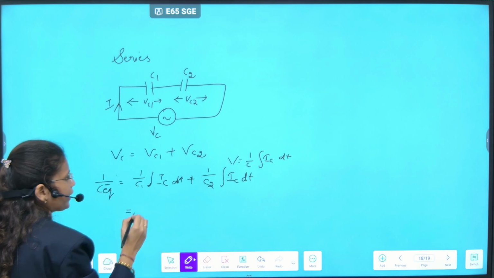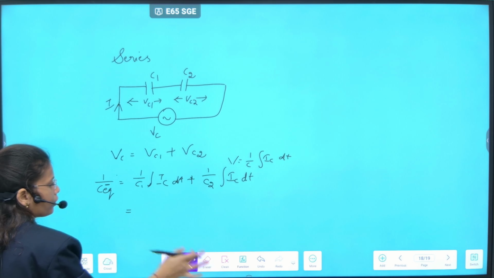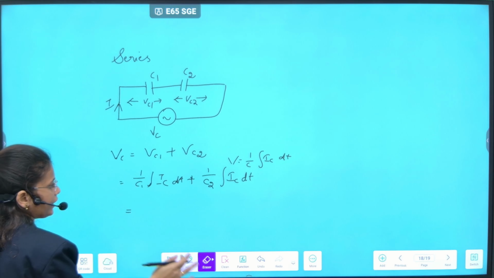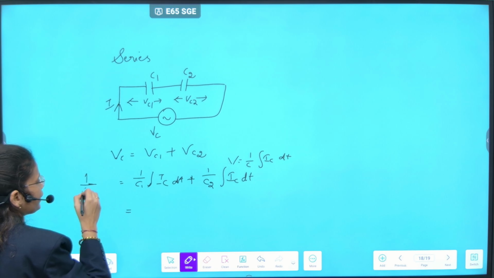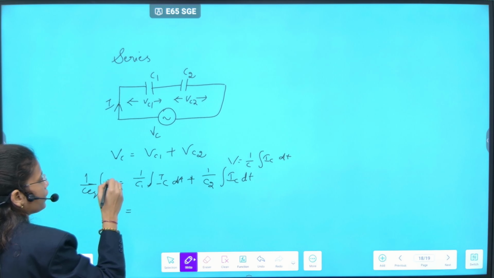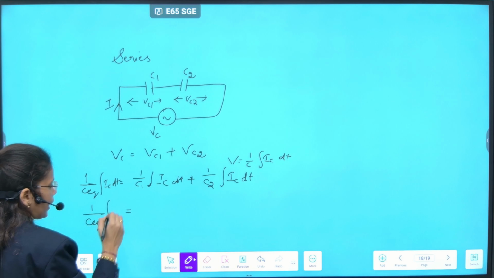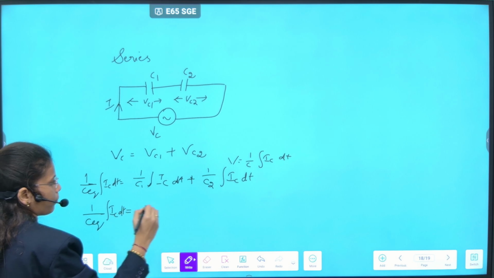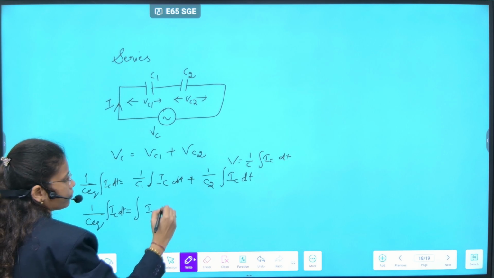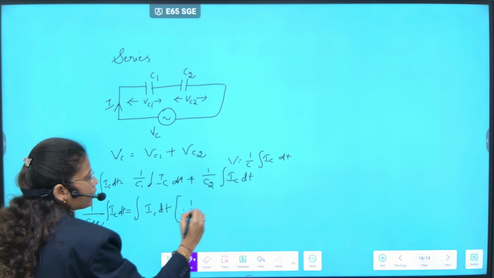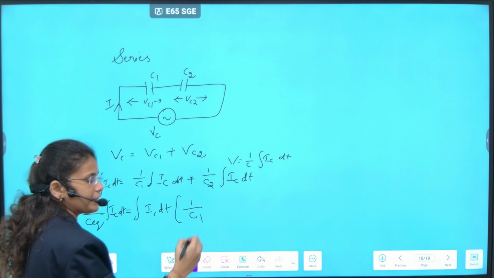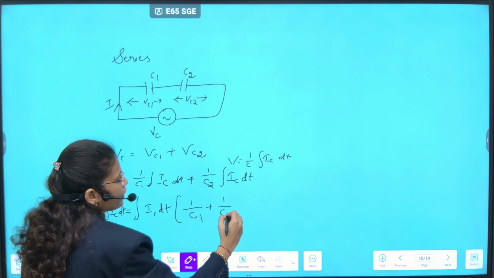Now I am taking integration of IC dt as common, then the remaining terms are 1 by C1 plus 1 by C2.